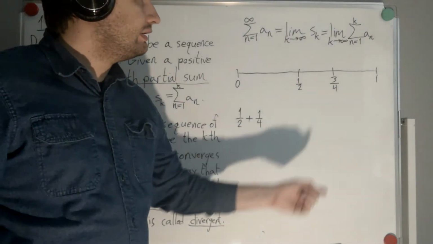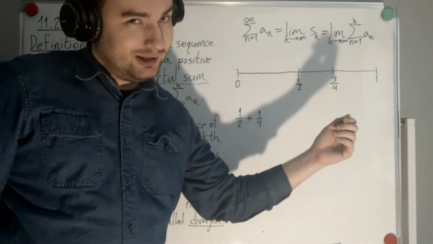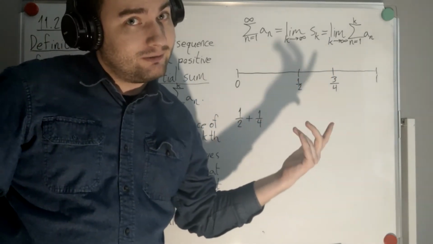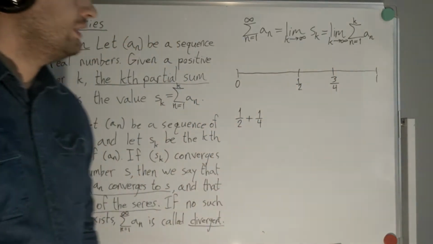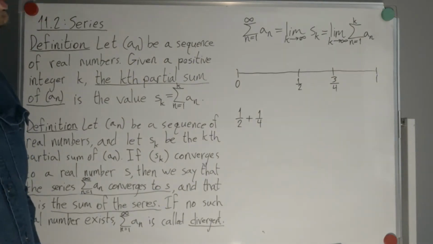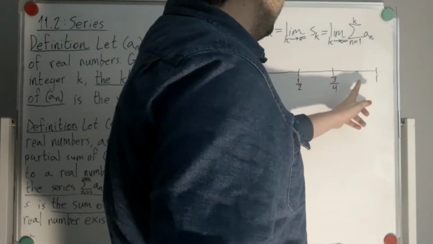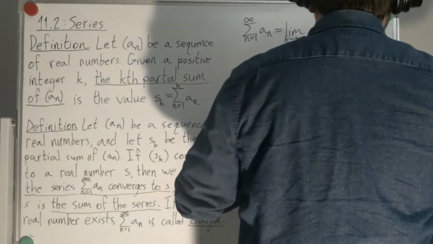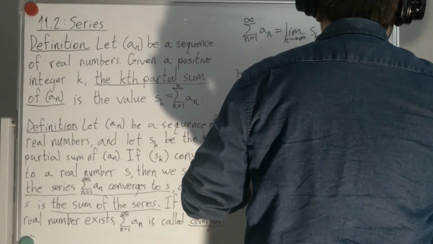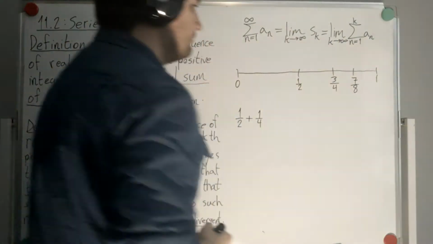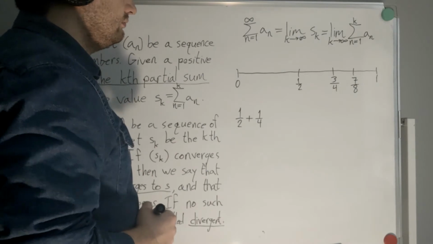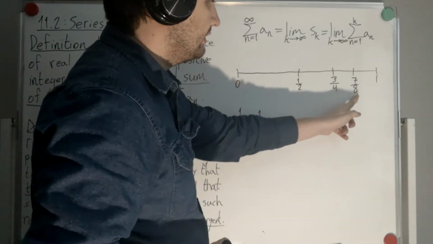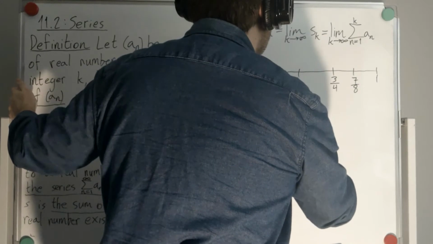So then you're at 3/4, and then you want to get to 1. Well, again, you're going to halve the distance between yourself and 1. The distance between 1 and 3/4 is 1/4, half of that is 1/8, so you get to 7/8. And in going from 3/4 to 7/8, that's going to take you 1/8 of a second.